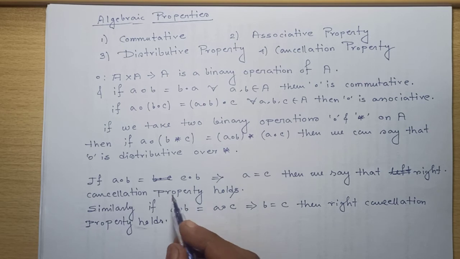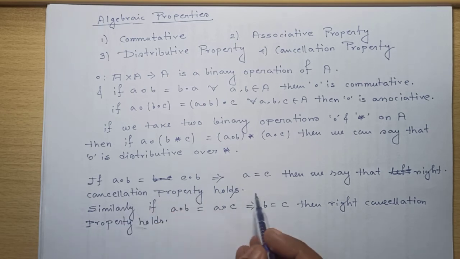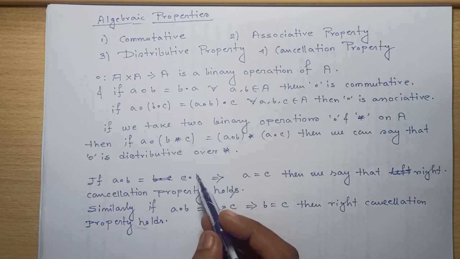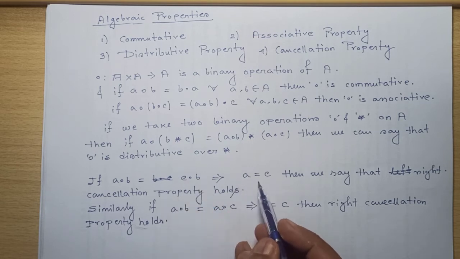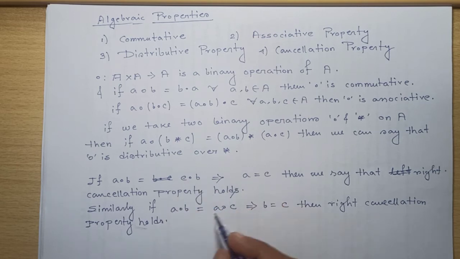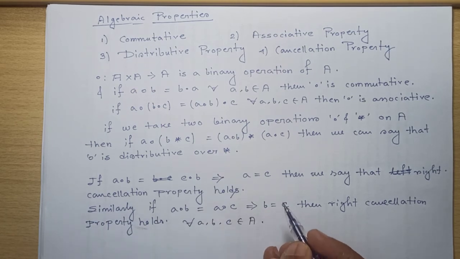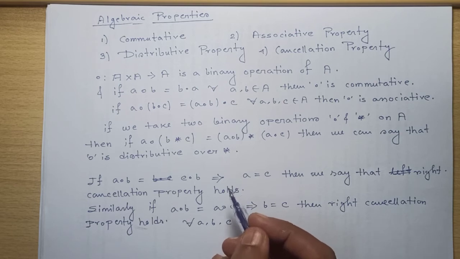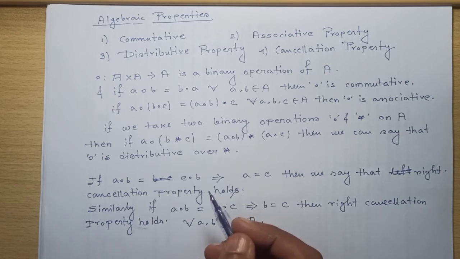This condition is true for all elements a, b, c from the set. That means for all a, b, c belonging to capital A, the cancellation property holds. These are the algebraic properties which will be vastly used in group theory.